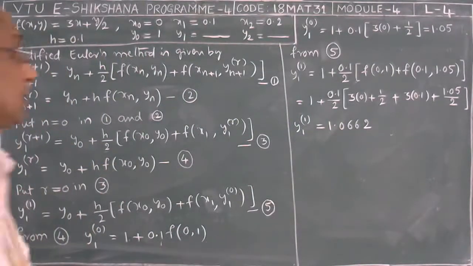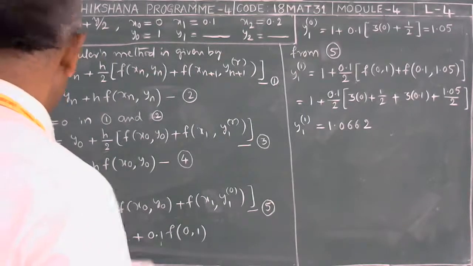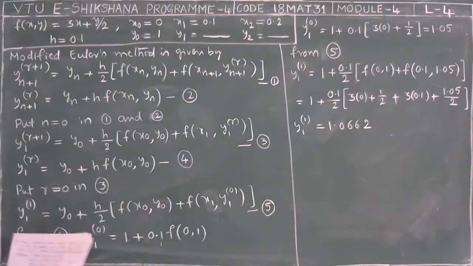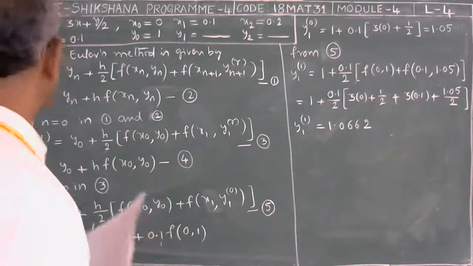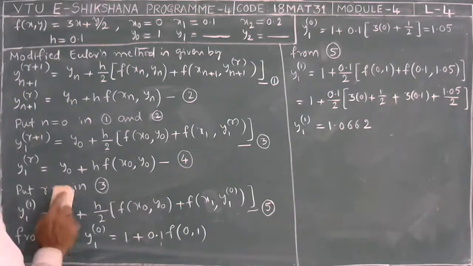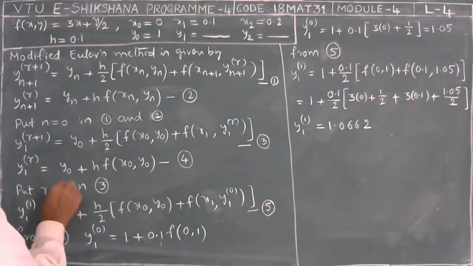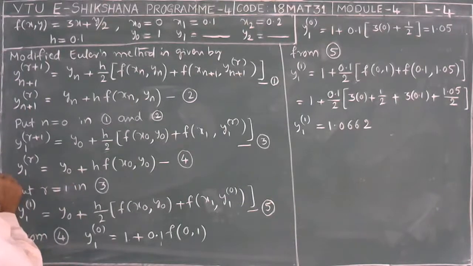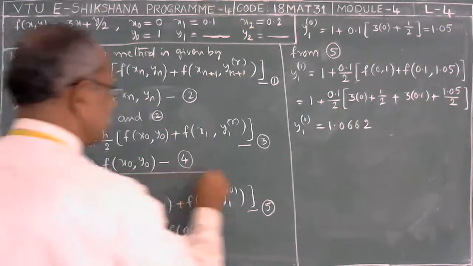Okay. Next, I have to compute y12, that is, 2 iterations at each stage. For y12, I'll fix r is equal to 1 in 3.